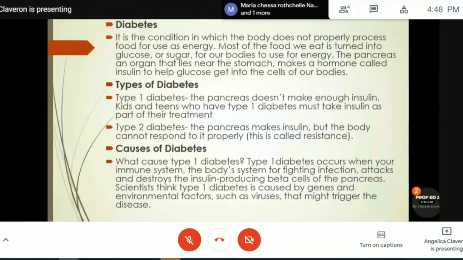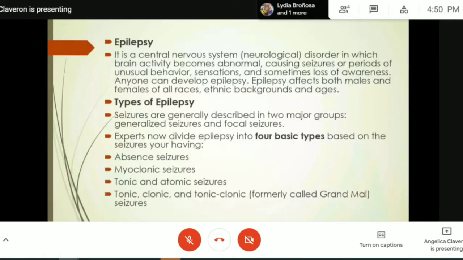Now is diabetes. It is the condition in which the body does not properly process food for use as energy. Most of the food we eat is turned into glucose or sugar for our bodies to use for energy. Now is epilepsy.